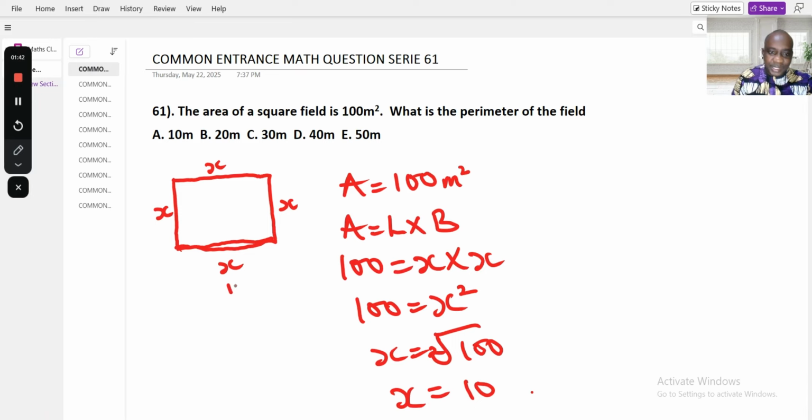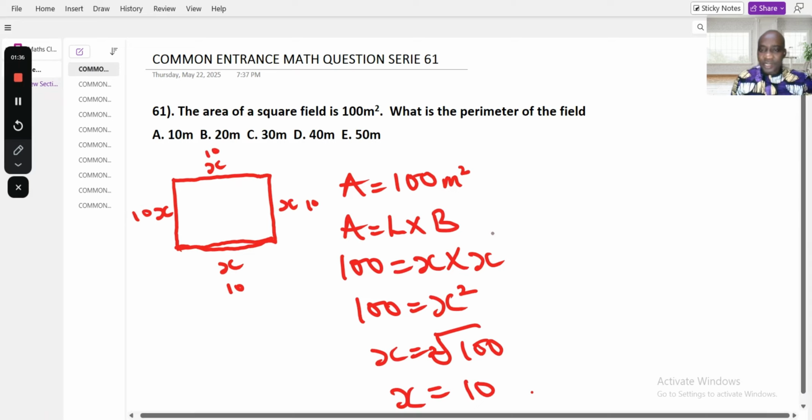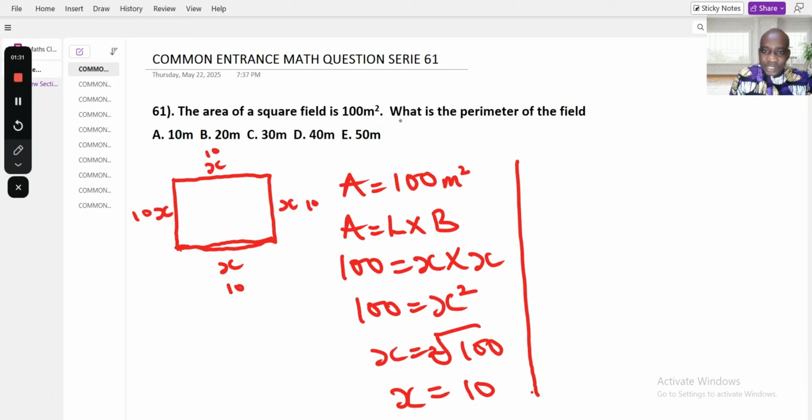If this side is 10, this side will be 10, this side will be 10, and this side will be 10. The question is asking us, what is the perimeter of the field? Perimeter is the total of the sides of this square. 10 plus 10, 20. 20 plus 10, 30. 30 plus 10, 40.